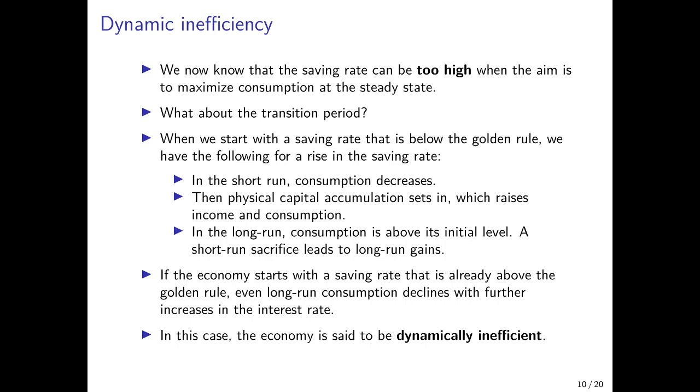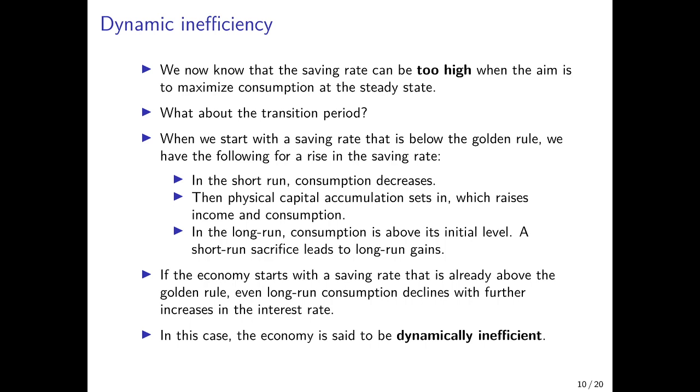But if the economy starts with a saving rate that is already above the golden rule level, then an increase in the saving rate would mean a short run sacrifice of consumption. But due to what we've just analyzed, the steady state consumption level also decreases, so not only short run consumption decreases, but also long run consumption decreases. And for a rational agent, it would not be optimal to do this.